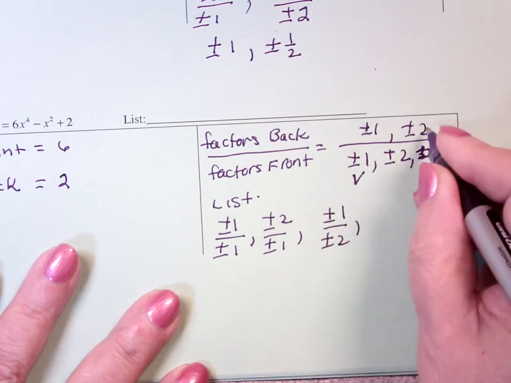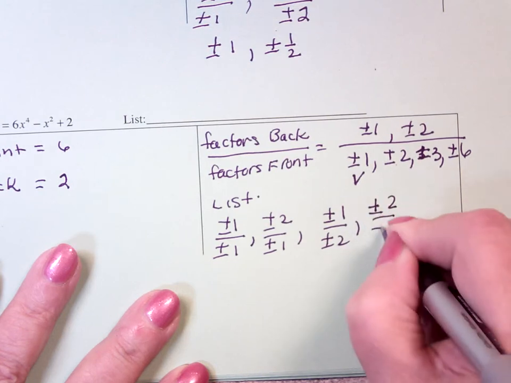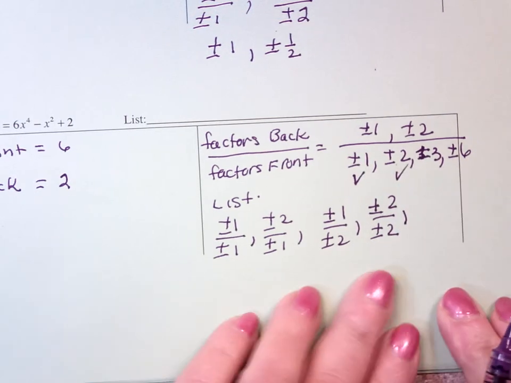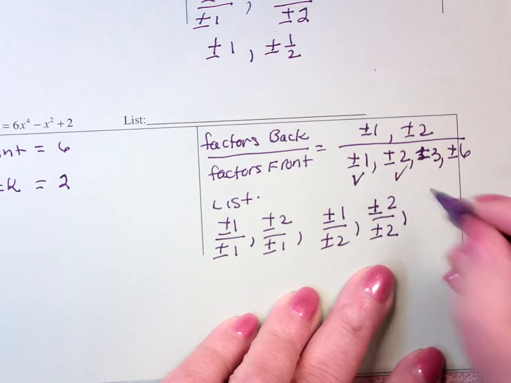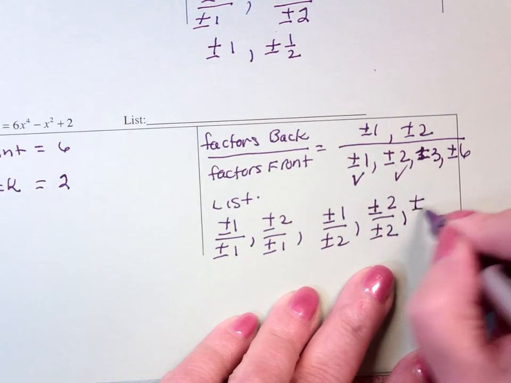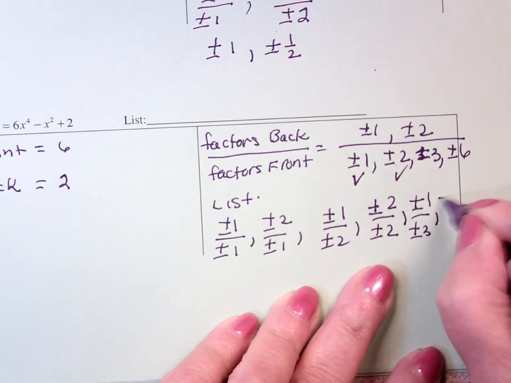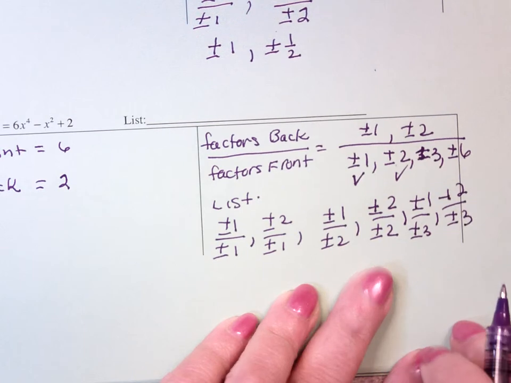Plus or minus 2 into plus or minus 2. Now divide plus or minus 3 into the numerator. You'll get plus or minus 1 divided by plus or minus 3. Plus or minus 2 divided by plus or minus 3.